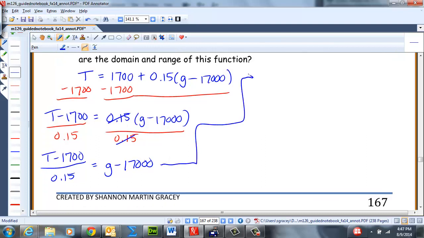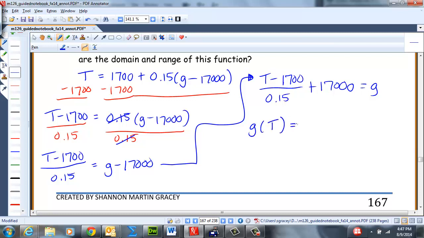And then adding 17,000 to both sides, we will get T minus 1,700 divided by 0.15 plus 17,000 equals G. So writing G in function notation, we'll have G at t equals t minus 1700 divided by 0.15 plus 17,000.